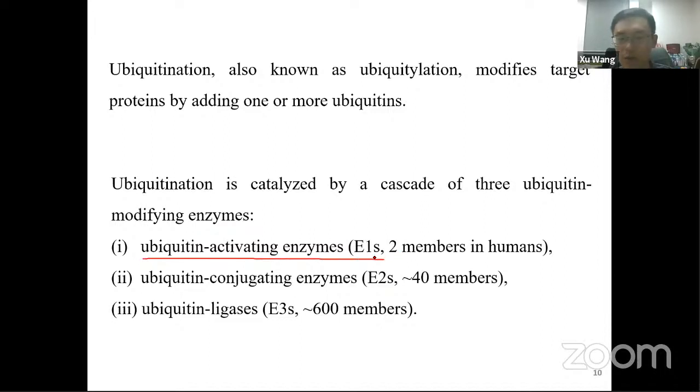There are 2 E1s in humans. The second one is the ubiquitin-conjugating enzyme, or E2. There are about 40 E2s in humans. And the third one is the ubiquitin ligase, or E3. There are around 600 E3s in humans.